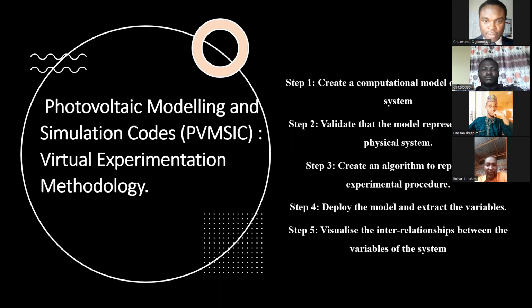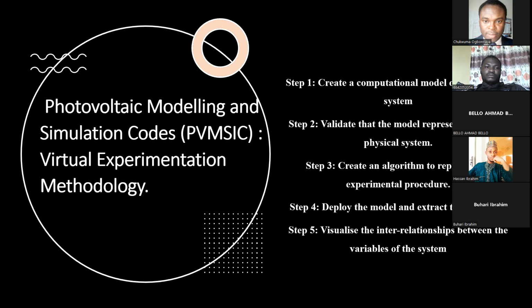Once you establish that the PV model is represented by that computational model, you can now use your algorithm, which will represent the experimental process if you were performing the experiment in the lab. You now deploy that PV model you've created and validated under that experimental condition.